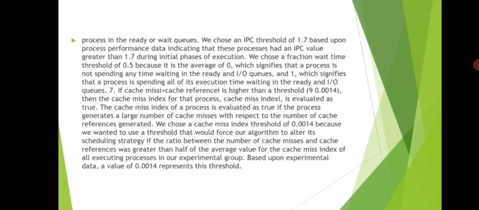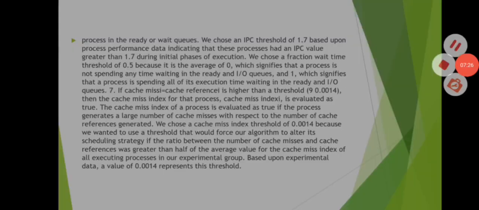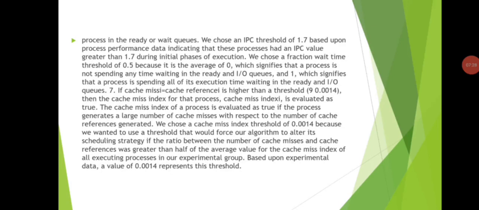We also choose a fraction of wait time, the time spent waiting in the ready and output queues. The cache miss index, MISI, is equal to cache misses over cache references, and is compared against a threshold. The process is evaluated as true if the process's cache miss index exceeds it.